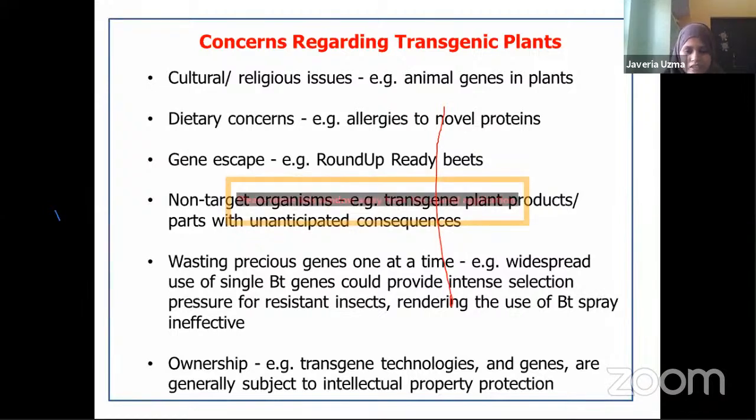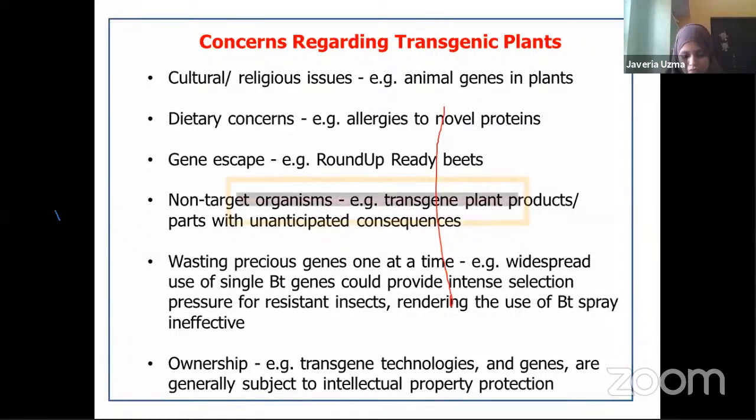So when you are using Bt genes, there will be an intense selection for resistant insects. Then there will be a conflict over ownership, because genetically modified crops are always subjected to patents. Natural varieties are non-patentable, meaning there is no right, anyone can freely use them. But with these GMOs, only some people have the right to use them, that is to sell them, to make copies, to license them.